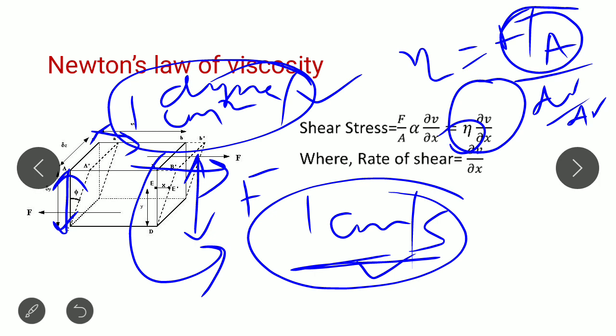The viscosity of water is about 1 centipoise. If we talk about the SI unit, it is Pascal second, and the correlation between poise and Pascal second is that 1 Pascal second is equal to 10 poise.